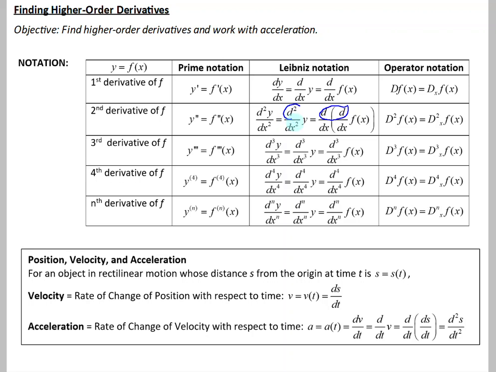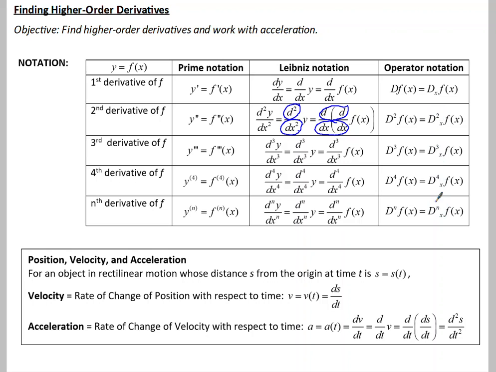That's what makes the d squared, and a dx and another dx, and that's what makes the dx squared. So hence the notation of d squared y dx squared for the second derivative of the function y in Leibniz notation. It continues down for third derivative, fourth derivative, and anything higher as well. Operator notation looks similar, but we don't generally use it much.